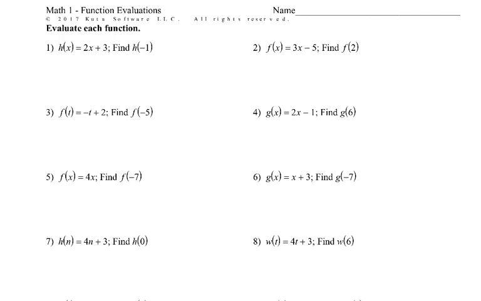Now remember, when we're dealing with function notation, that H or F or G or W, that's the name of the function. It's not a variable, it's the name of the function. The variable inside, whether it's X, T, N, or anything else, that's your input. You also notice it right here: H of X together indicates the output.